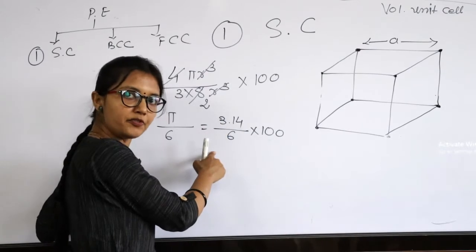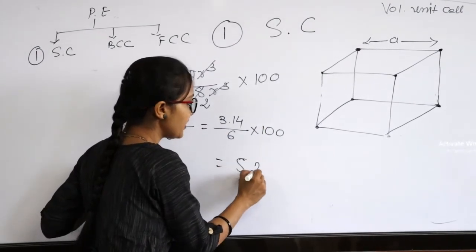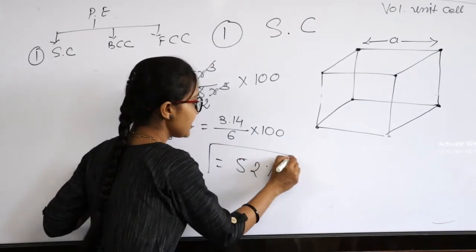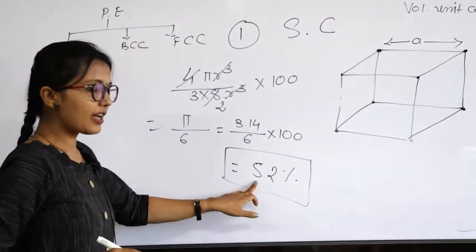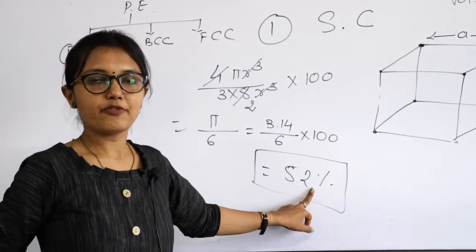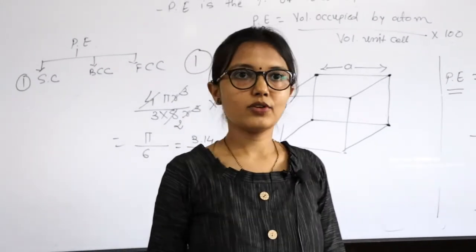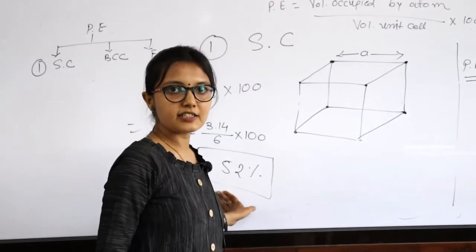And 0.52 when multiplied by 100, then easily we get 52%, and this one is the packing efficiency for simple cubic lattice. Clear?